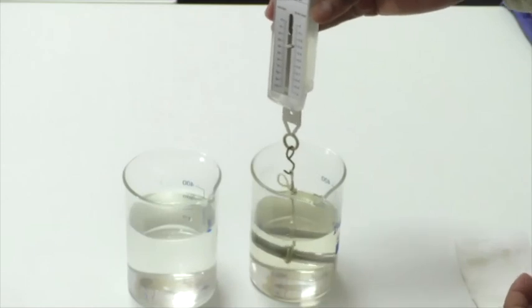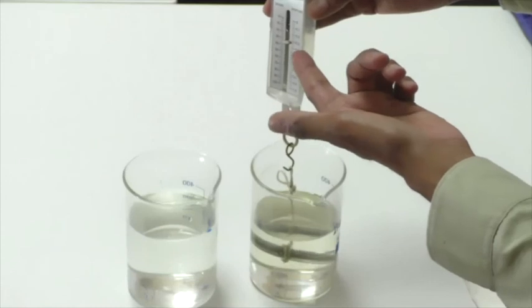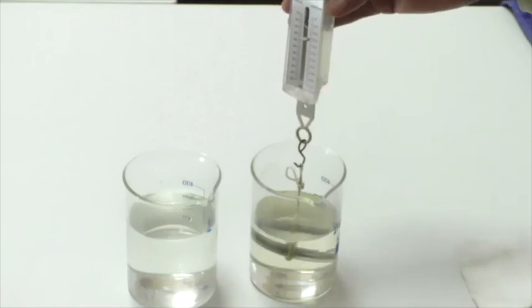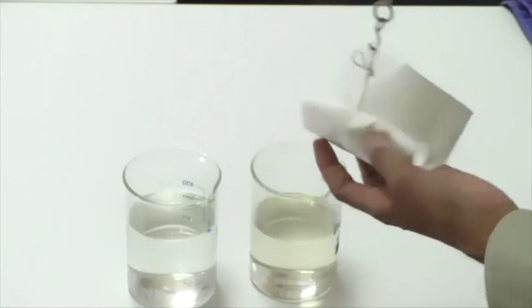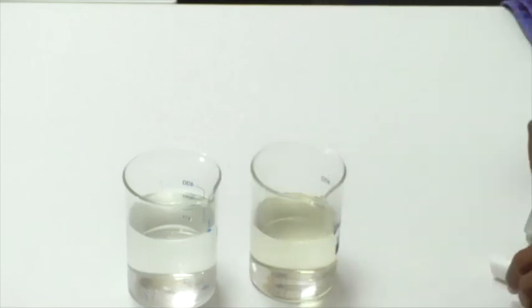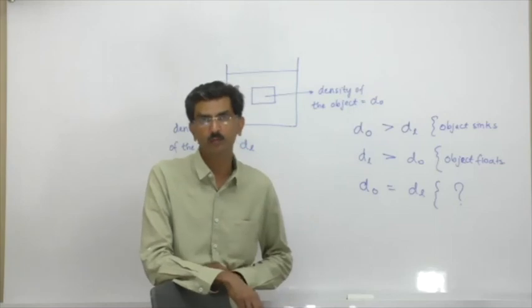Here, the weight appears to be even lower than 40 grams. It's about 35 grams. So when the rod was immersed in water, the weight appeared to be about 40 grams. When the rod was immersed in a different liquid, the weight of the rod appeared to reduce even further.